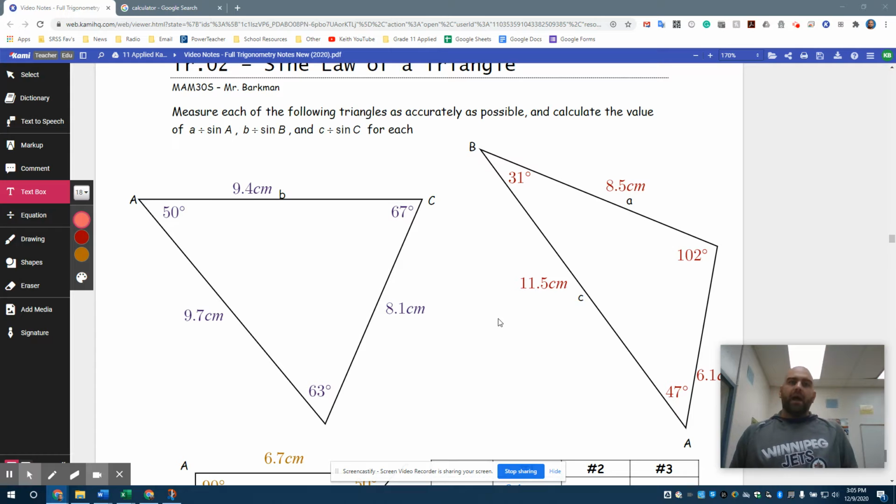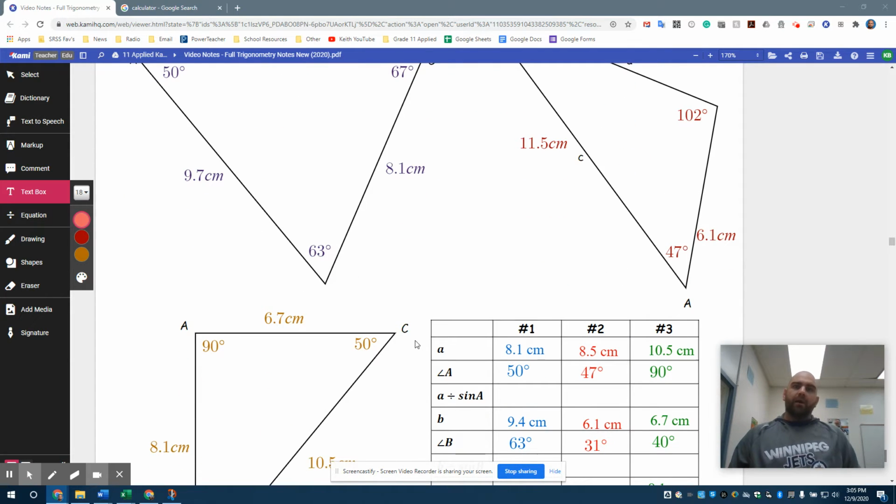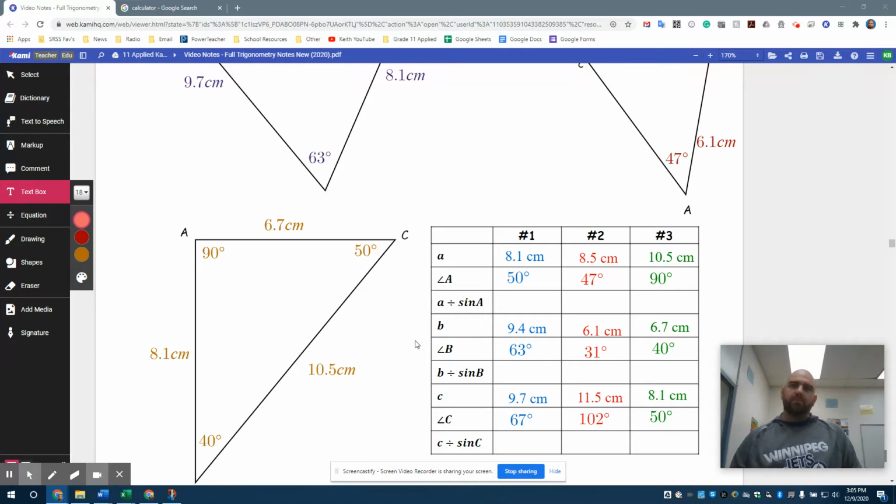Normally I would have had you measure each of the sides and angles of each triangle, with different groups doing the other triangles, but because we're not able to do that, I've done them for you.